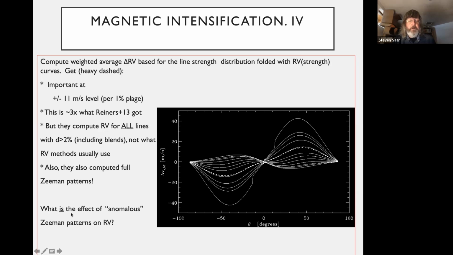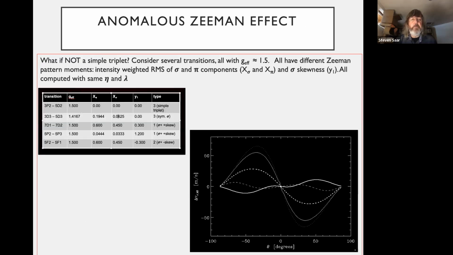So the next thing we can look at is, what about anomalous Zeeman patterns, and how do different patterns affect the same lines? Here I've picked 3 transitions given in the table over there. They all have very similar Landé g effectives.